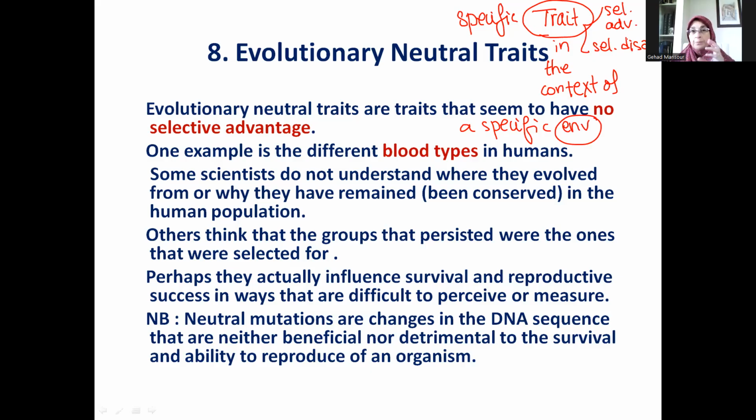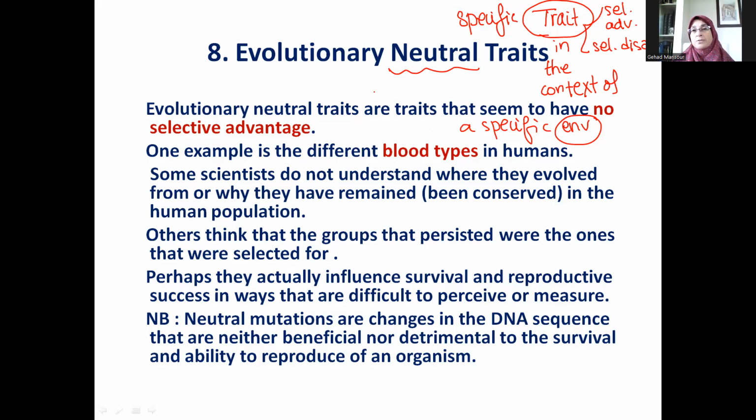You have to read the effect of the trait on the reproduction of the animal in the context of the environment. When we talk about evolutionary neutral traits, we mean traits that are not known to be causing a certain selective advantage nor a certain selective disadvantage.